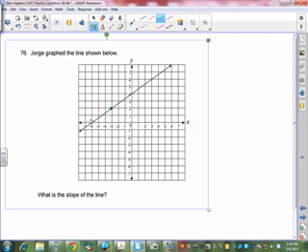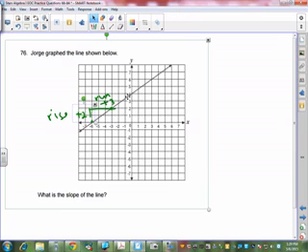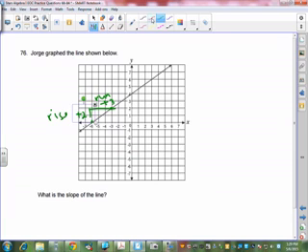And I'm just going to go up 2, which is our rise. Our run is to the right 3, so it's a positive 3. Okay, so the slope of that line is positive 2/3.